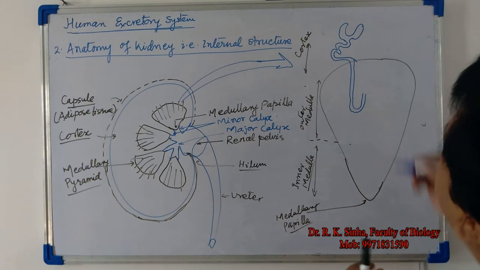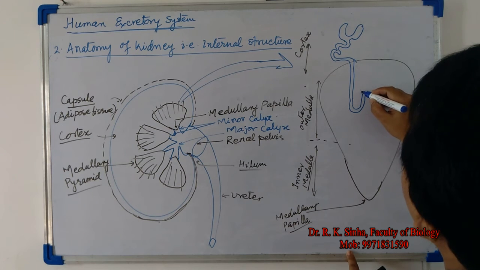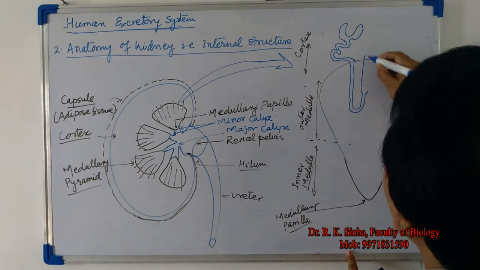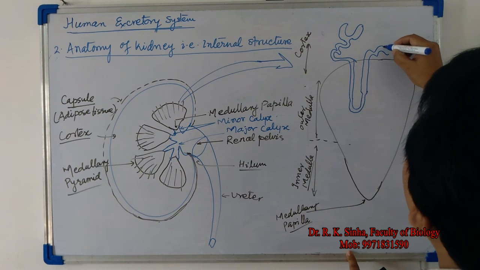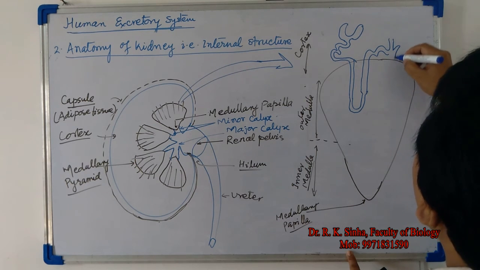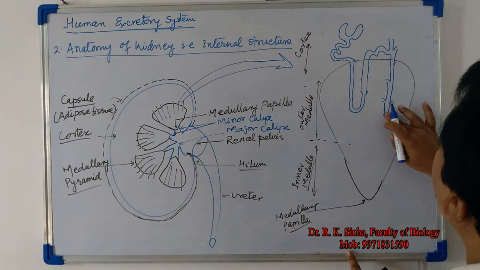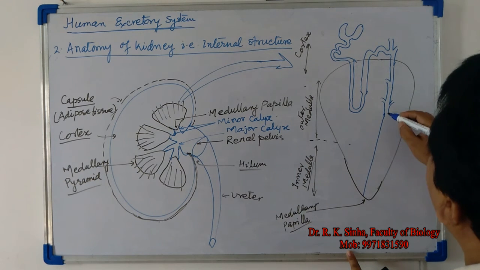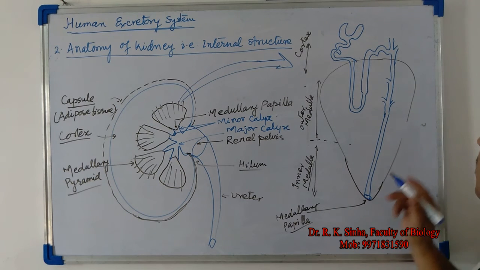So see, this is the part and it will turn into a wider part, and this part is termed as here. In this region it will go out and pass here like this. These are the collecting tubules and collecting duct, and these will transfer the urine here in this region.